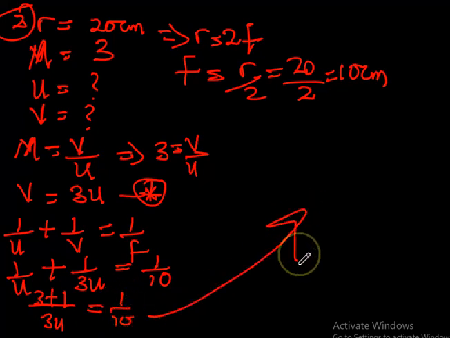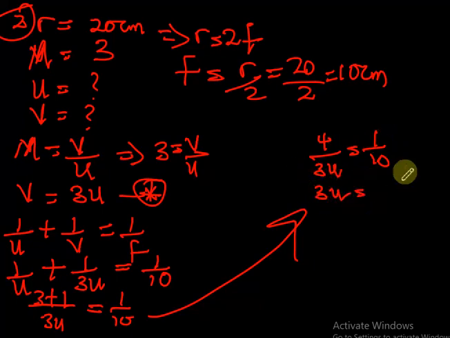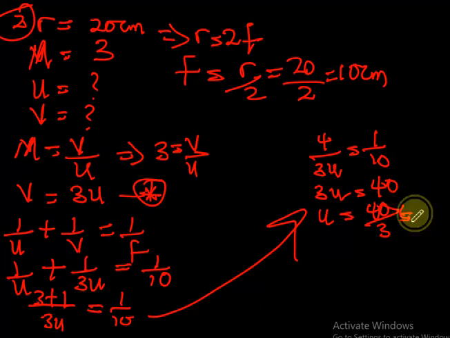So 3 plus 1, 4 over 3U equals 1 over 10. If I cross multiply, 3U will be 4 times 10, which is 40, and U will be 40 divided by 3, and that should give me the value for U, 40 divided by 3 in centimeters.